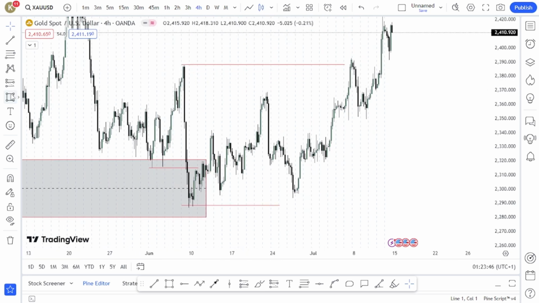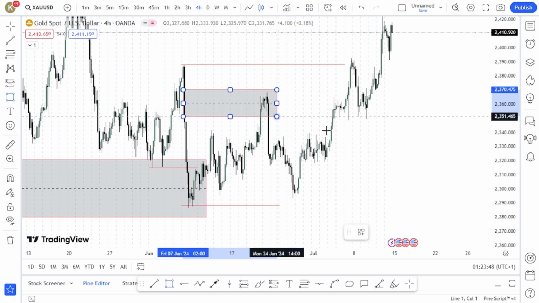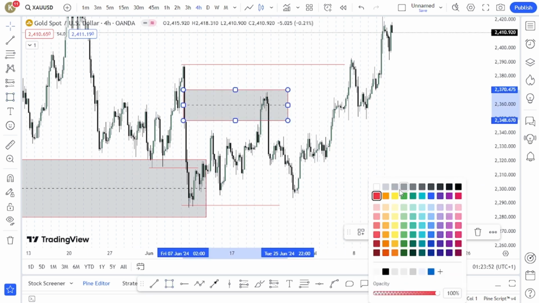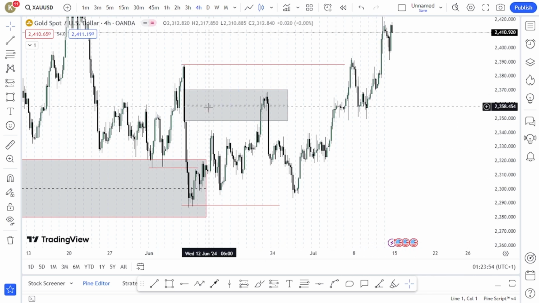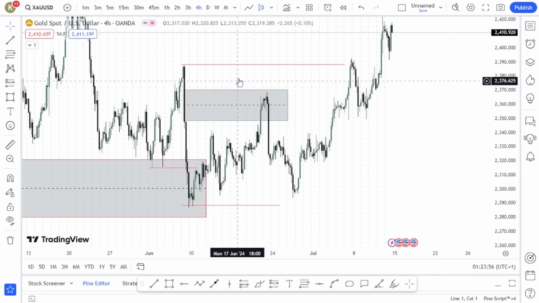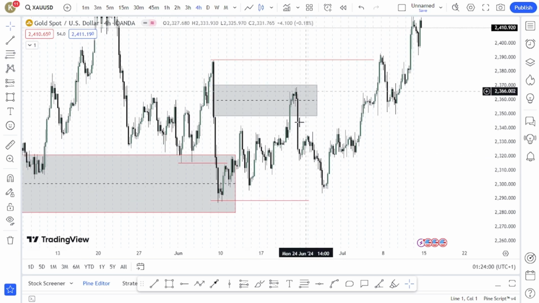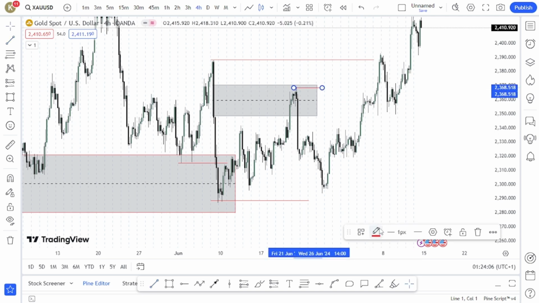So the POI on 4 hours is this fair value gap here. This fair value gap appears like a POI and price goes into it, as you can see, price goes right into it, from which we're going to start marking our highs and lows right now.